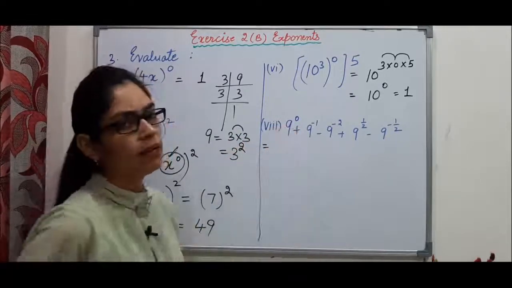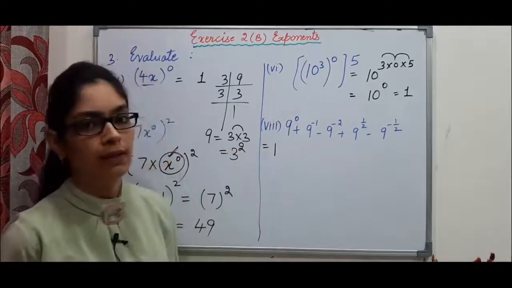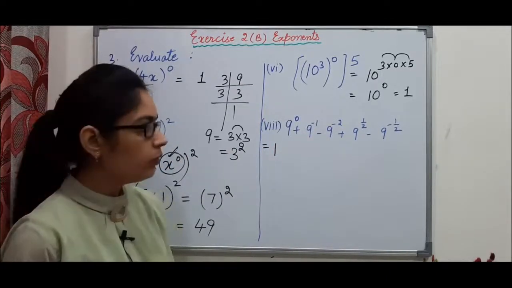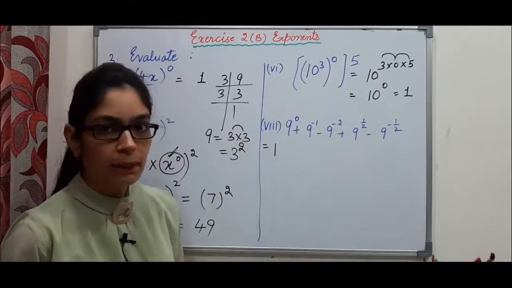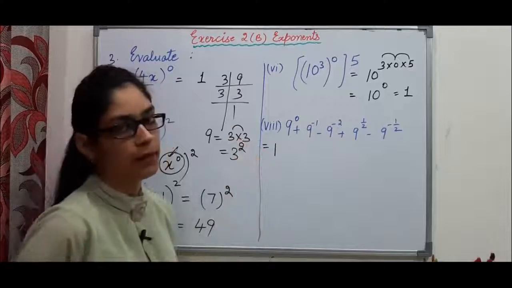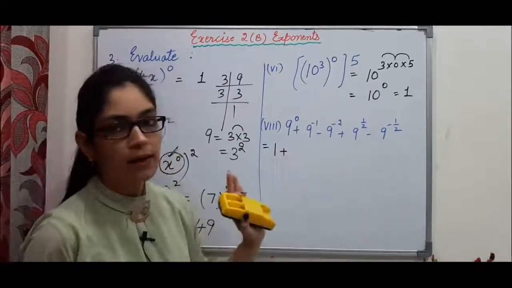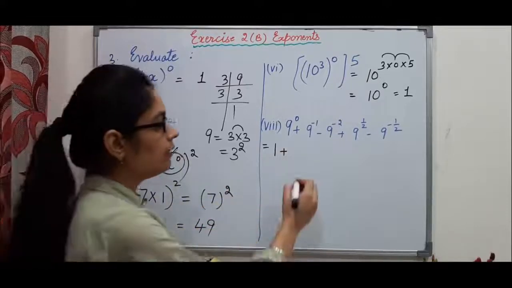First it is 9 to the power 0. So this we can directly write as 1. No need to write anything, because we know if the power of any number is 0, its value is 1. So 9 to the power 0 is 1, plus here all these 9s I can write in exponential form.